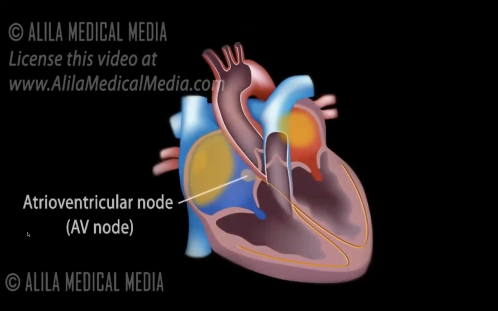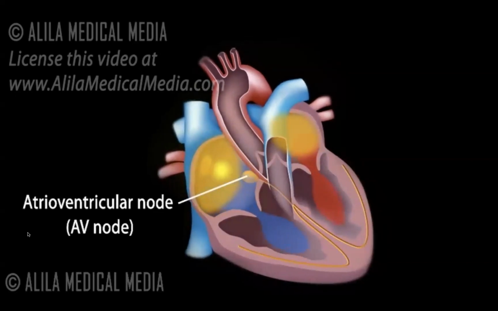The Atrioventricular Node, or AV node, located on the other side of the right atrium, near the AV valve. The AV node serves as electrical gateway to the ventricles. It delays the passage of electrical impulses to the ventricles. This delay is to ensure that the atria have ejected all the blood into the ventricles before the ventricles contract.